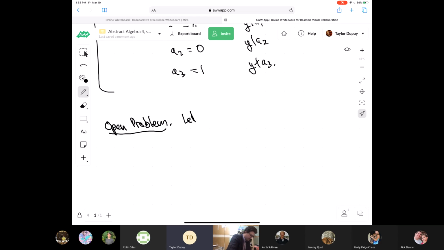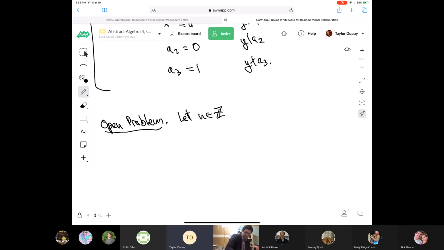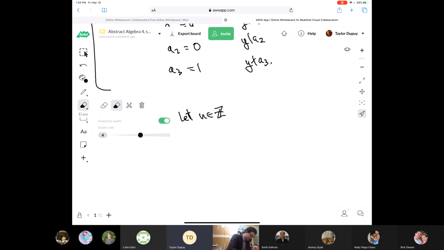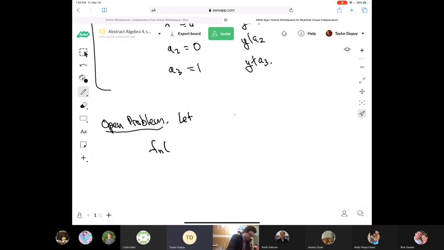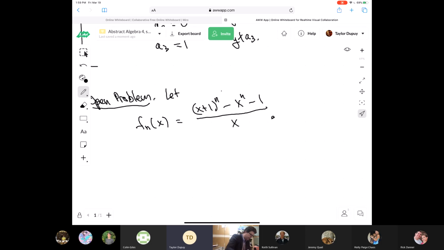Let n be a positive integer greater than or equal to 2. Let f_n of x be ((x plus 1) to the n minus x to the n minus 1) over x.